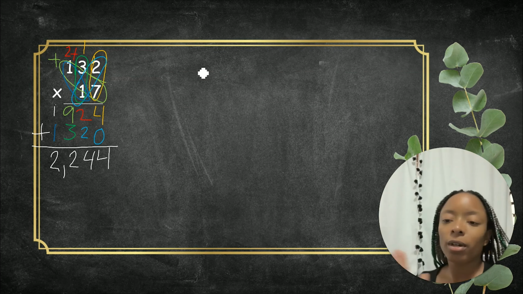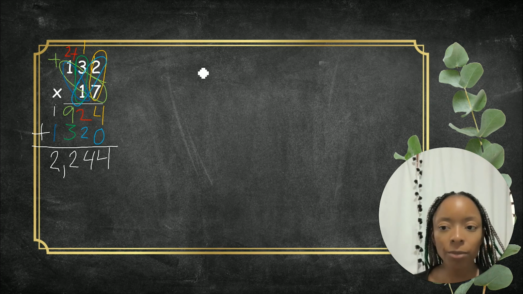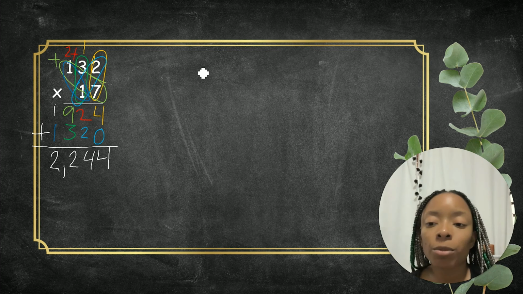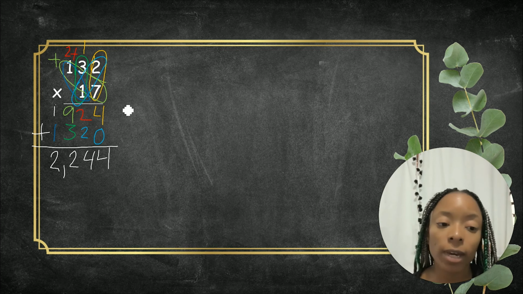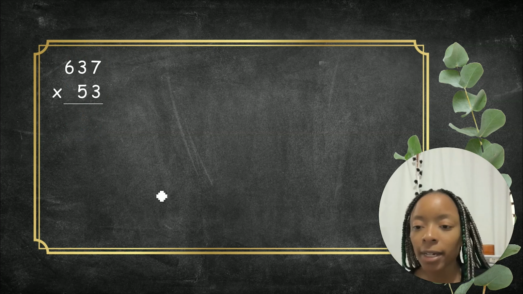So first we multiplied every digit in our first number by the ones digit in our second number. Then we multiplied every digit in the first number by the tens digit in the second number, and we added. Same steps as before, except now we also have a hundreds place. So let's do this one more time.